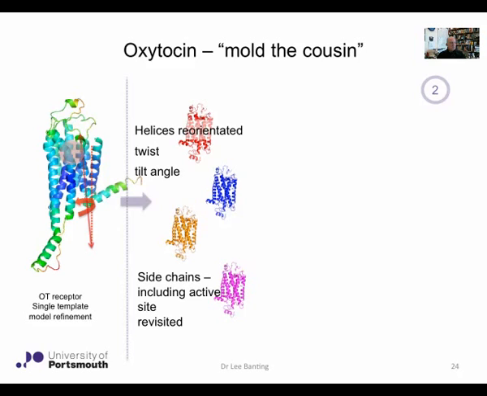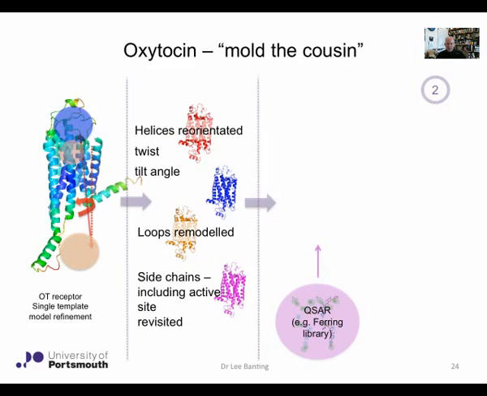Do these side chains constitute a good active site for our oxytocin ligand, or indeed agonist compounds for drug development? And we may have to remodel the loops in the structure, because these are specific. The extracellular loops in fact appear to be specific for particular ligands in the family. So we may have to look at those as well.